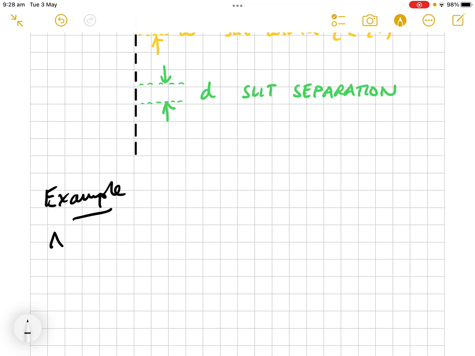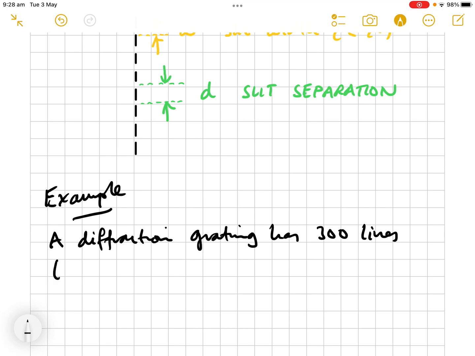So, a diffraction grating has 300 lines, and by lines we mean slits.